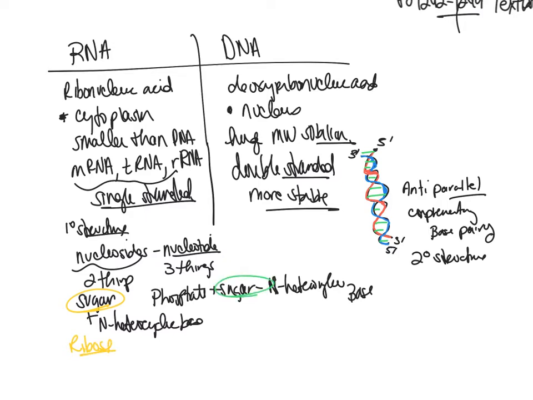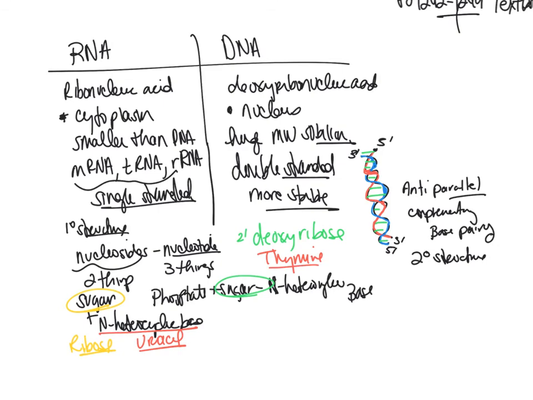And your sugar for DNA is going to be 2' deoxyribose. And another difference for your N-heterocyclic bases, you have uracil in RNA, and you have thymine in DNA. Okay, so there are going to be these two structural differences.